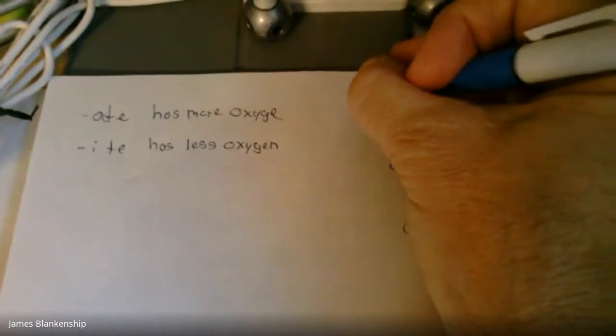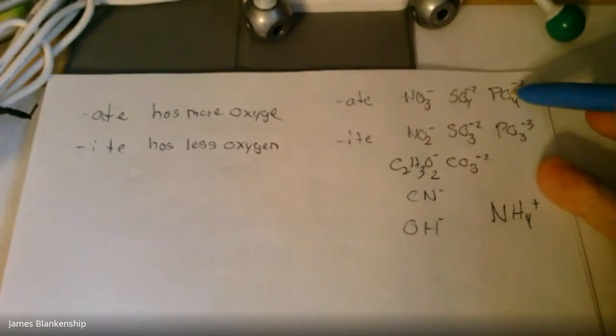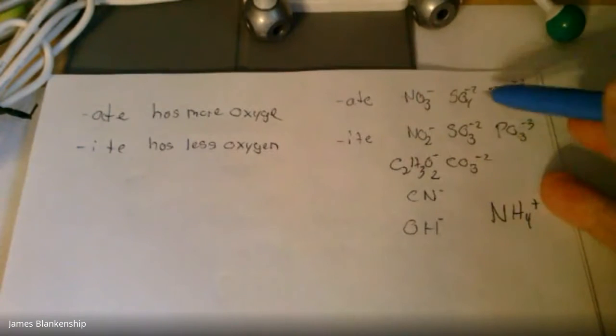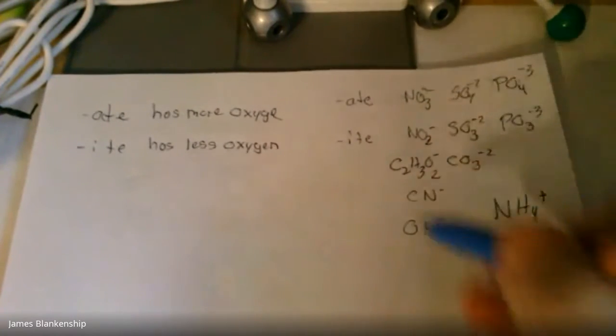Now, all these across the top are going to end in ATE. This series right here is going to end in ITE. So this is phosphate, phosphite, sulfate, sulfite, nitrate, nitrite.